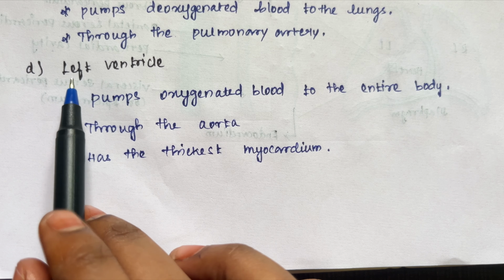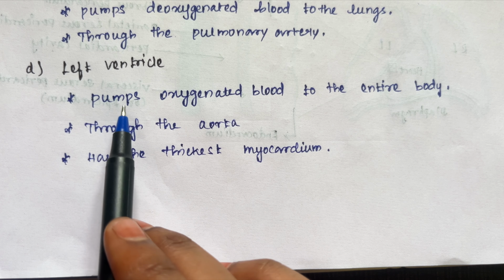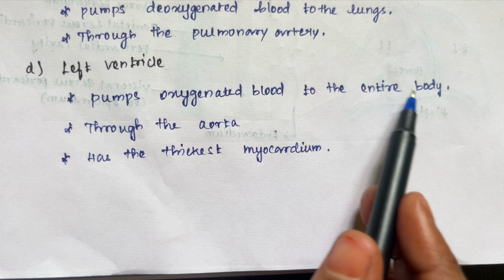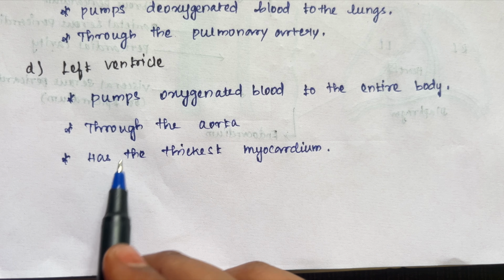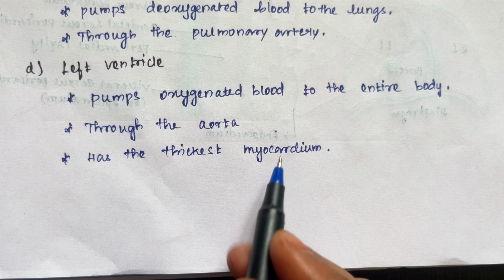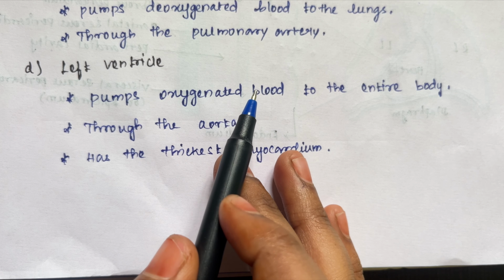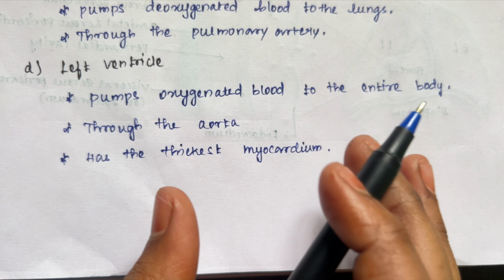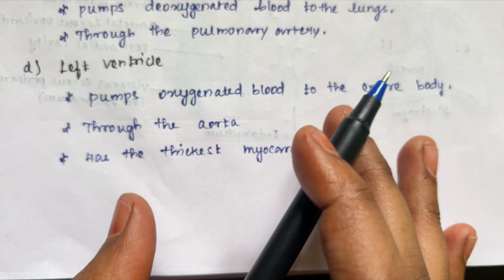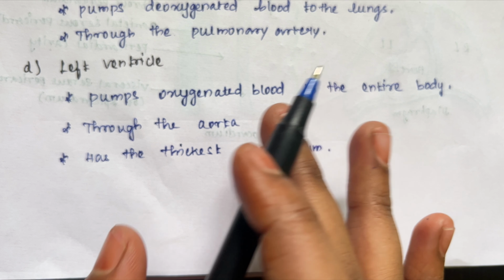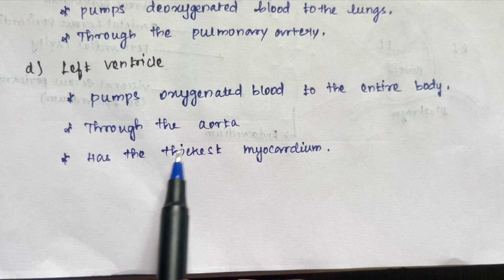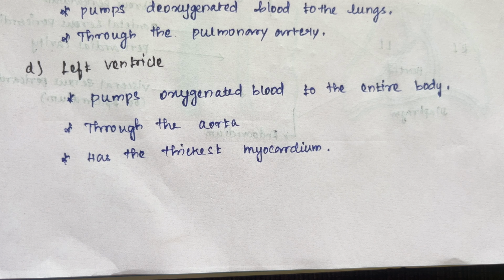The last chamber is left ventricle. It pumps oxygenated blood to the entire body through aorta and it has the thickest myocardium. This chamber has the thickest wall because it needs to generate a huge pressure to send blood everywhere from your brain to your toes.